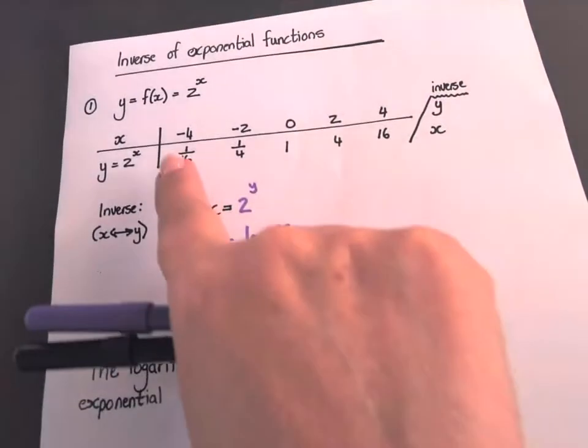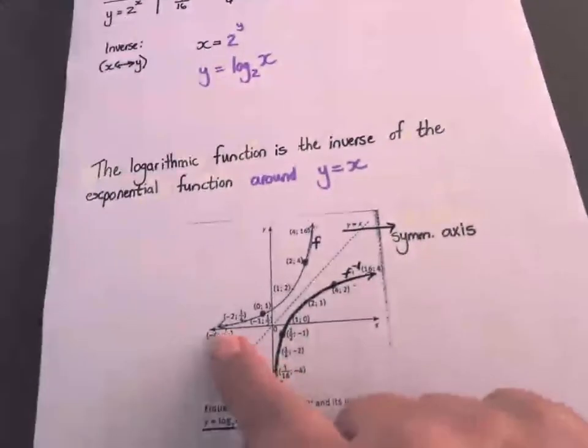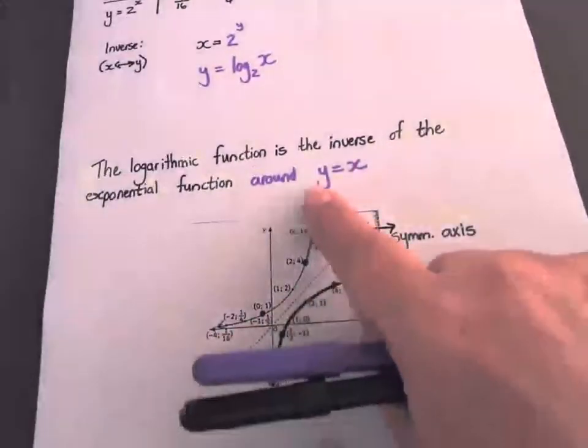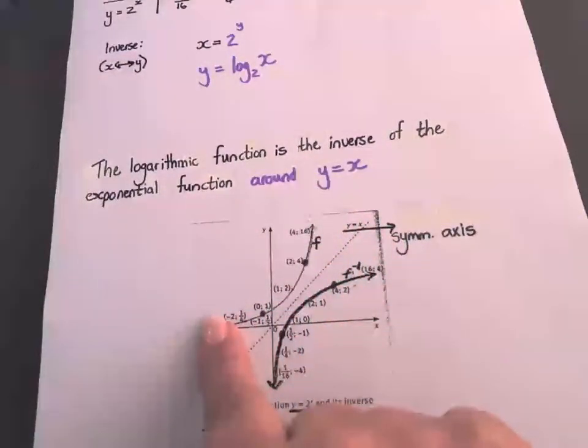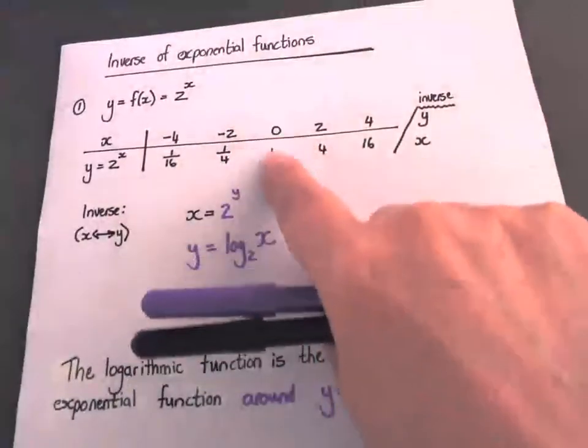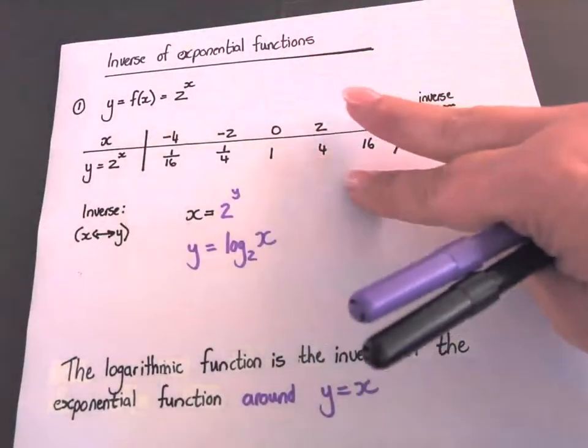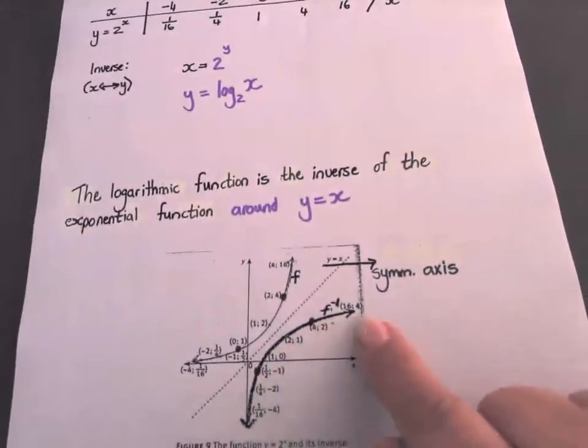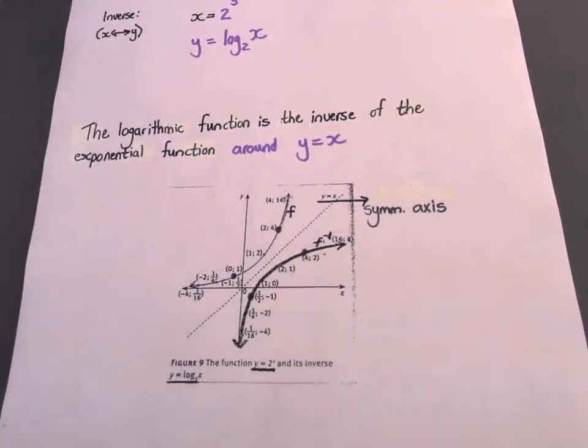I use the table to plot my f coordinates, then I drew the line, and then I use the table again, but I swap the x and the y's to draw the inverse function.